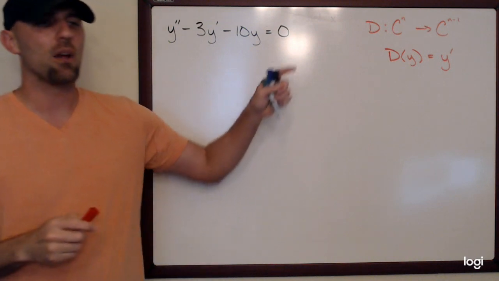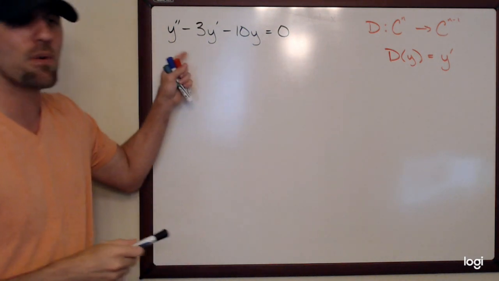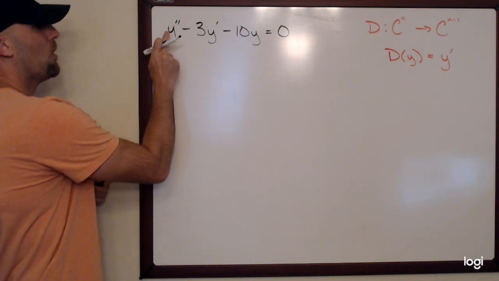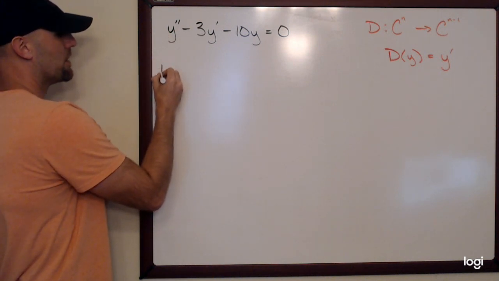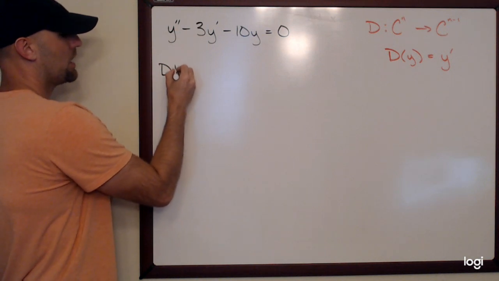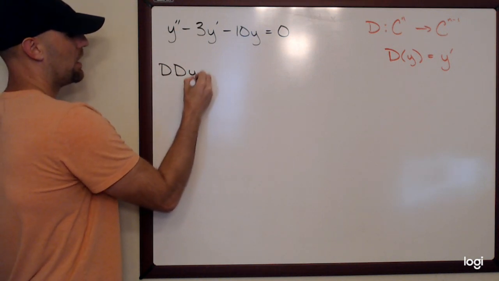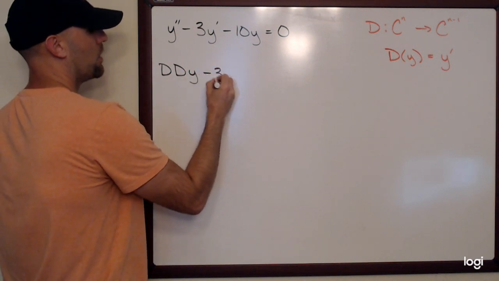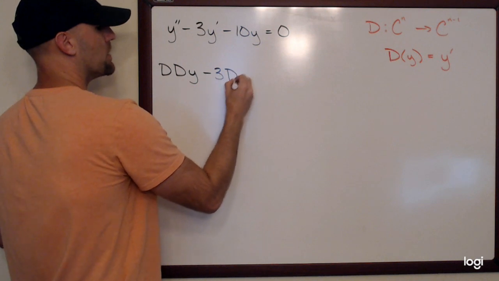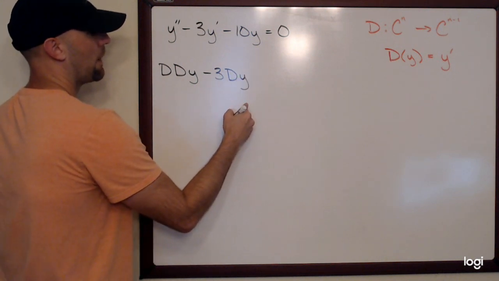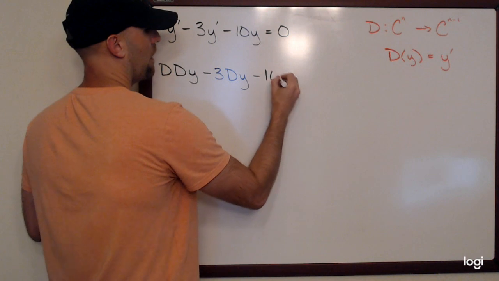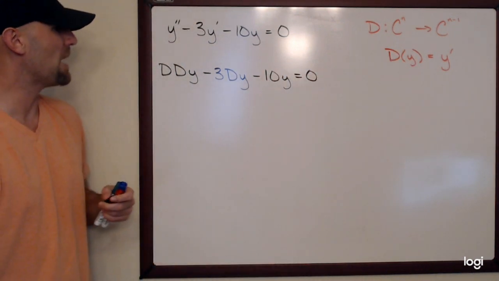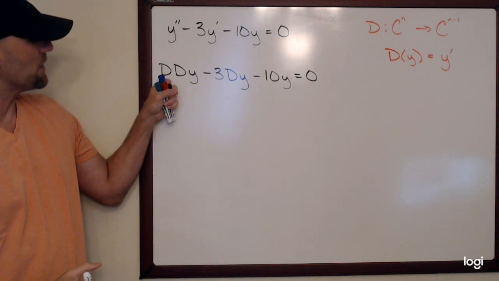But if I write my notation this way, then I can rewrite this equation. I can rewrite y double prime as D of D of y, and I can rewrite y prime as D of y. And again, we understand that this is not multiplication.